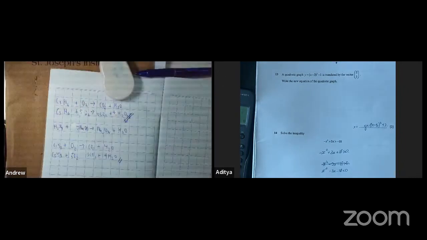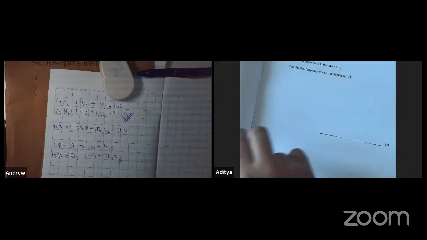On the left hand side, 14 O. On the right hand side, are you sure it's 14 O? Is it 5 or 10? Because 10 and 10, no? 10 and 10. Yeah.